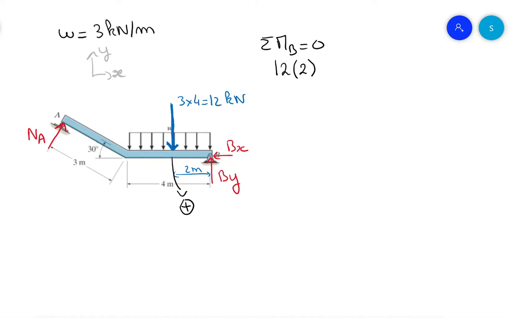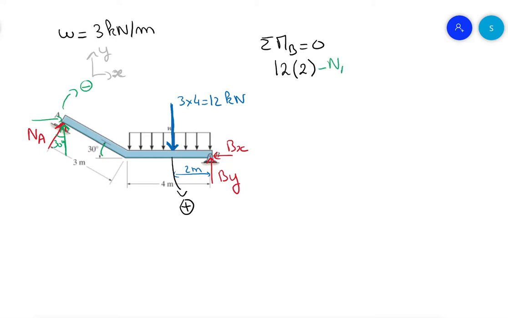we have different options to find the moment about NA. Let's use the vertical component and horizontal component of NA. Okay, we have 30 degrees, and that's the same 30 degrees there. So for the vertical component, let's write everything in green. And it tends to rotate in the negative direction.